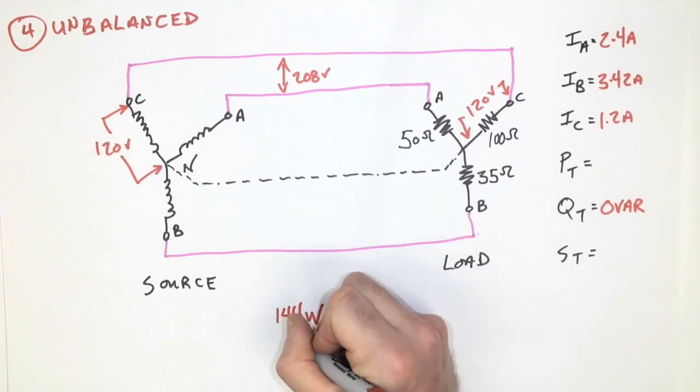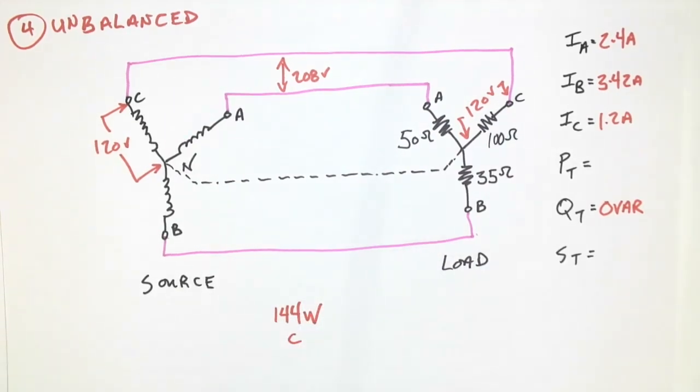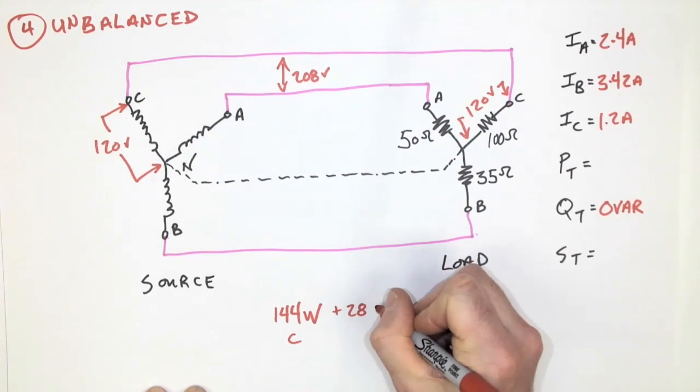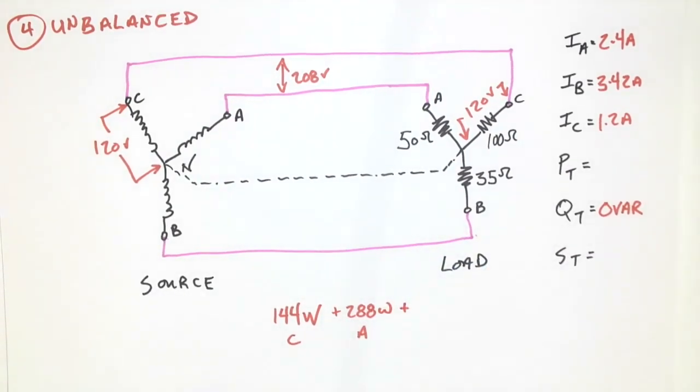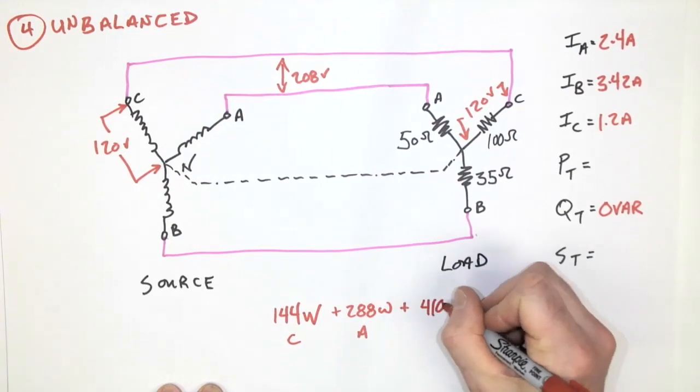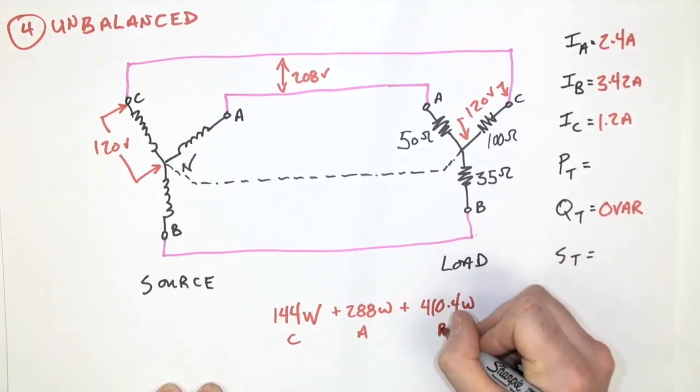That would be for C. IA is 2.4 times 120. So that's 288 watts. Plus B, 3.42 times 120 volts gives me 410.4 watts, and that would be B.